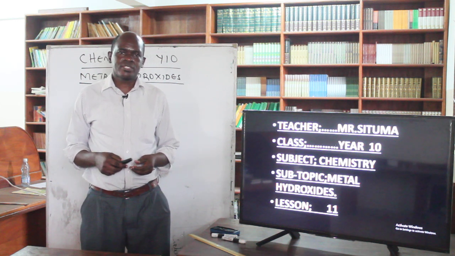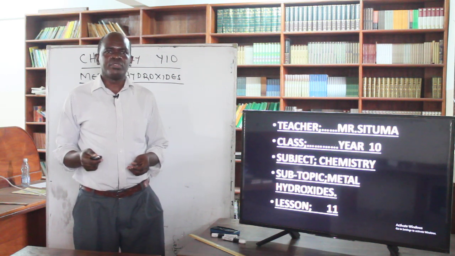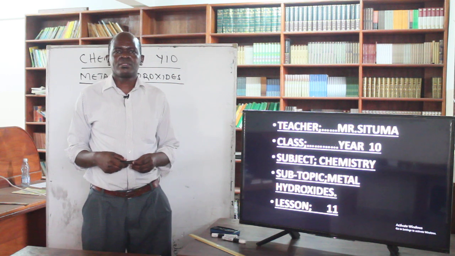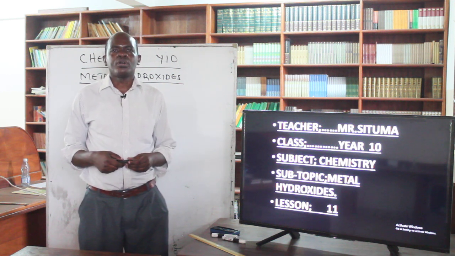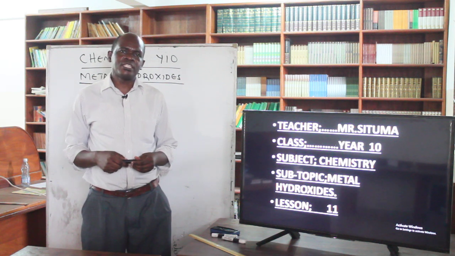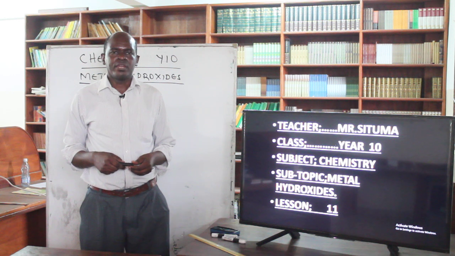Now, our subtopic of discussion today is metal hydroxides. If you remember, in our last lesson we carried out a practical on the precipitation of different metal ions from solutions, and we used sodium hydroxide.